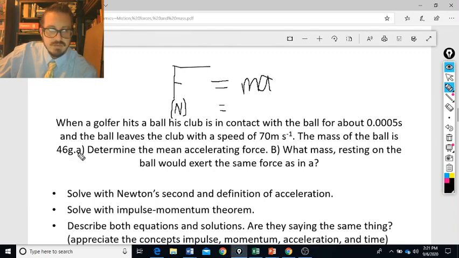And so we need to convert 46 grams into kilograms. There are 1,000 grams in a kilogram, and so 46 divided by 1,000 gives us 0.046 kilograms.